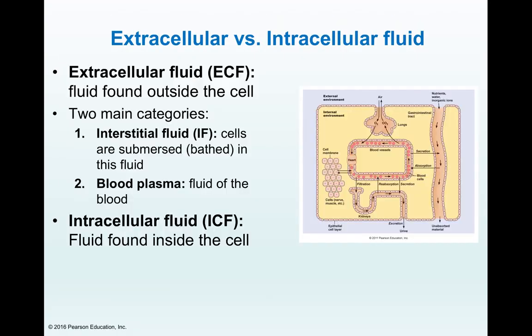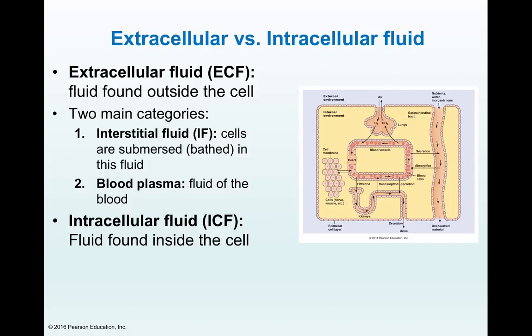Now, before we get into details about your cell, we need to understand that we have a specific vocabulary that describes the environment within the cell and the environment outside the cell. The word extra implies outside and intra means within. So when I use the word extracellular fluid, or ECF, basically we're referring to the fluid outside your cell, and intracellular fluid is referring to the fluid that is found within the cell.